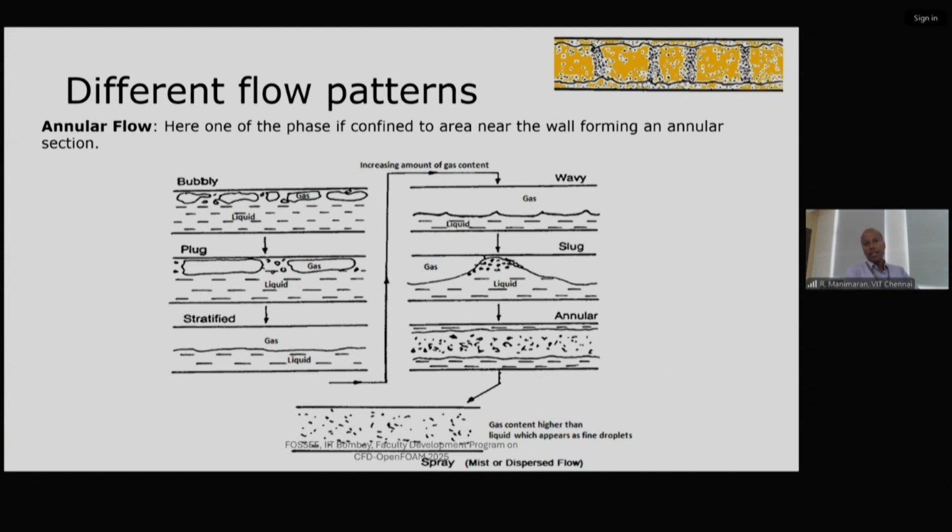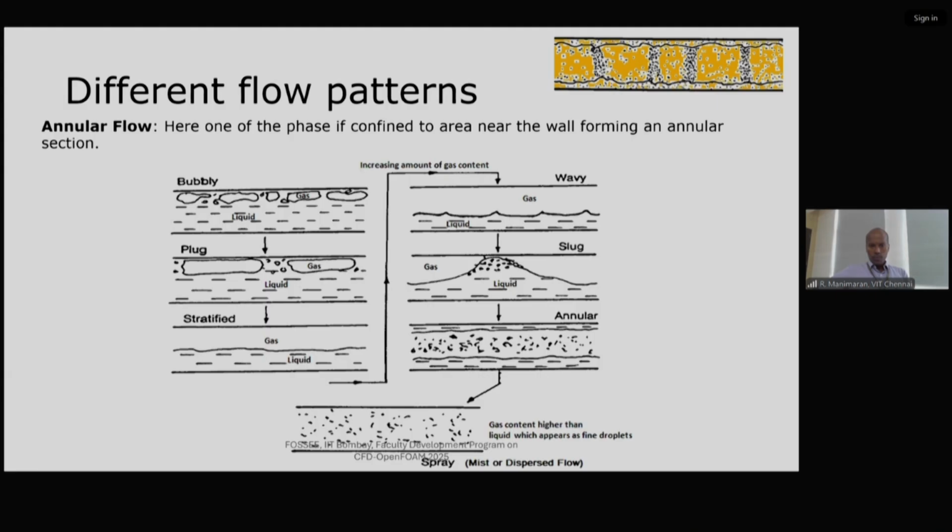Then increasing the amount of gas results in a wavy flow. You can see some waves formed in the gas region, and the liquid is below, followed by slug flow, then annular flow. In annular flow, you can see that the liquid is clinging onto the walls, so it's in the annular region.